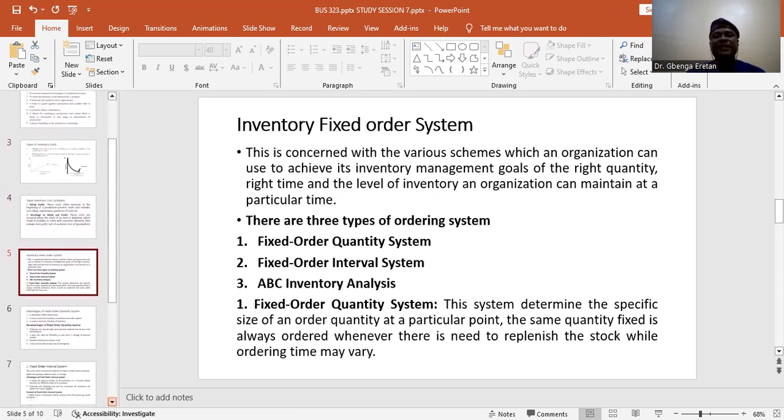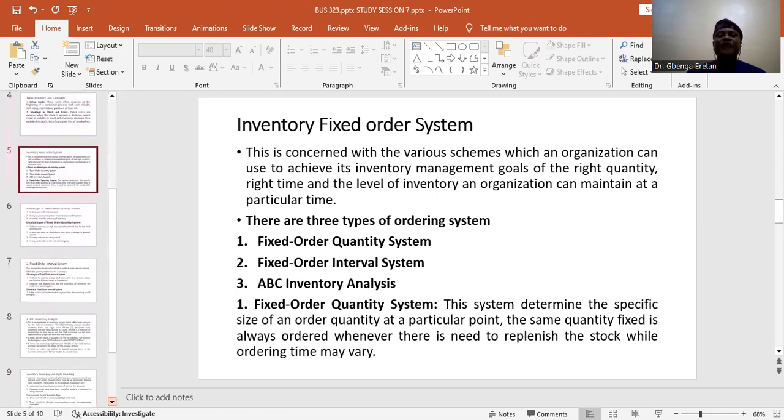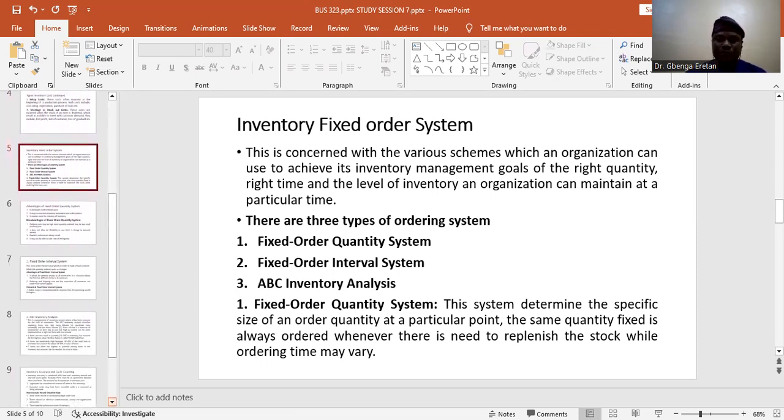When you talk about inventory fixed order system, you are referring to the method, the system, the pattern, and the ways in which the organization adopts in ordering the inventory of the organization in order to achieve the optimal utilization and the optimal distribution of the available stock of that organization.